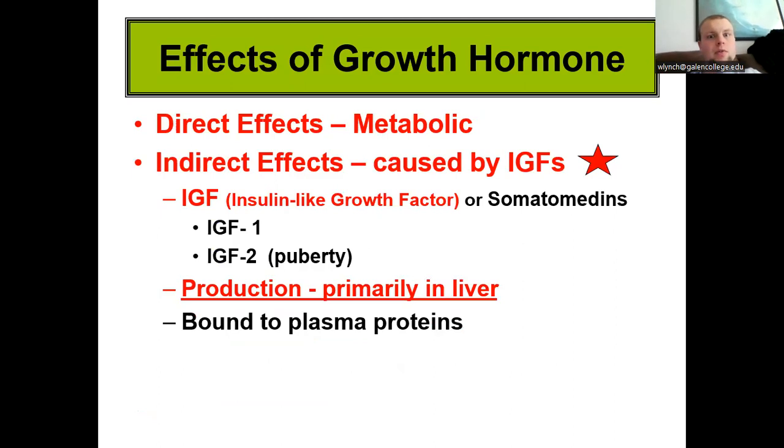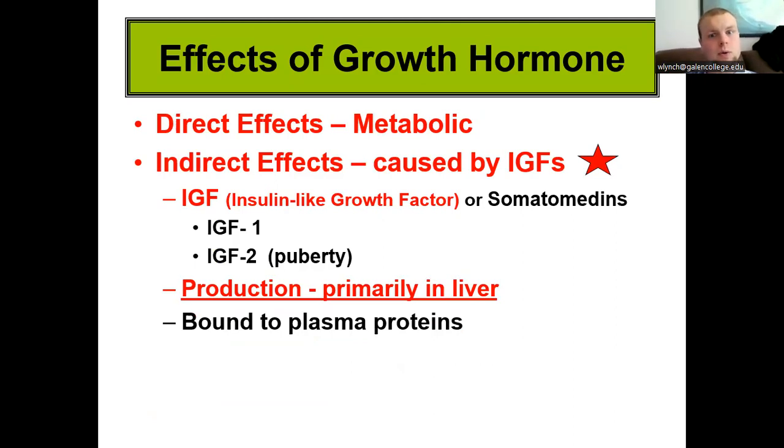Growth hormone effects, we have a direct effect on metabolism, going to increase the metabolism of cells and tissues. We have an indirect effect, which is going to be caused by that insulin-like growth factor. Insulin-like growth factor, also known as a somatomedin. So somatotropin is growth hormone. Somatostatin is the inhibition hormone for growth hormone. Somatomedins are known as insulin-like growth factors.